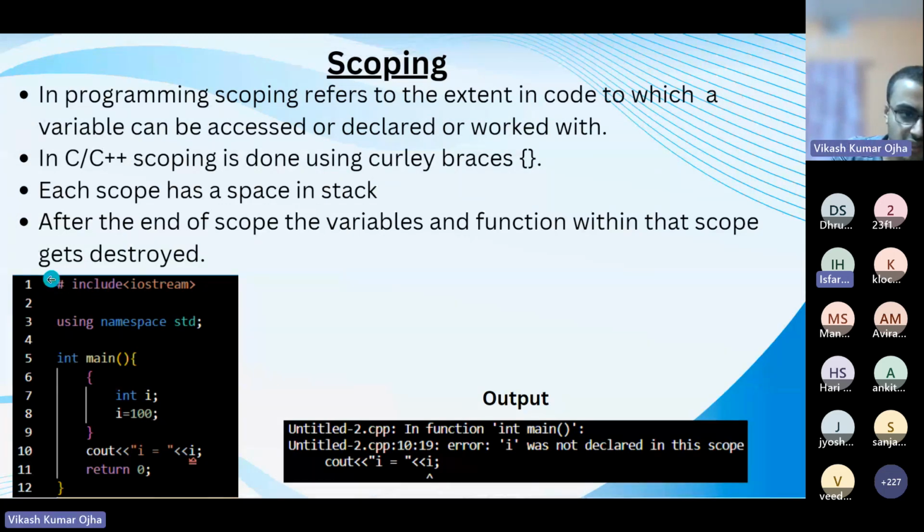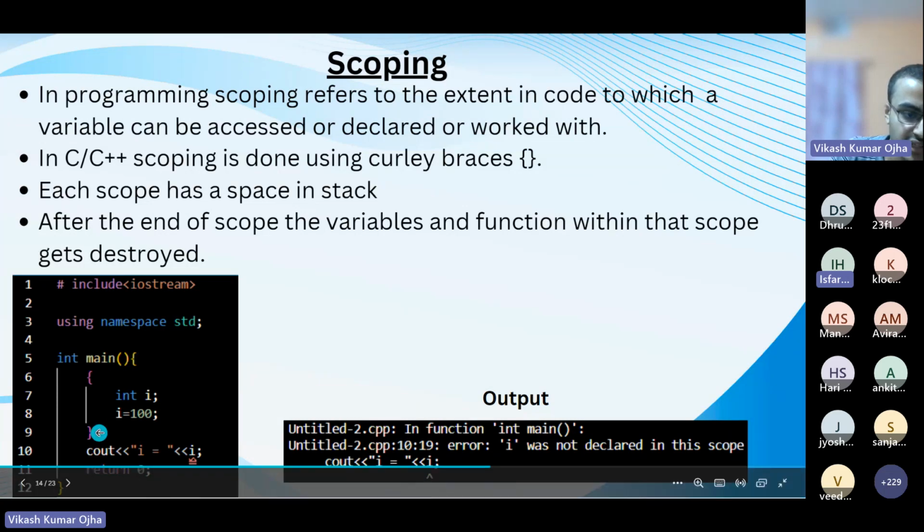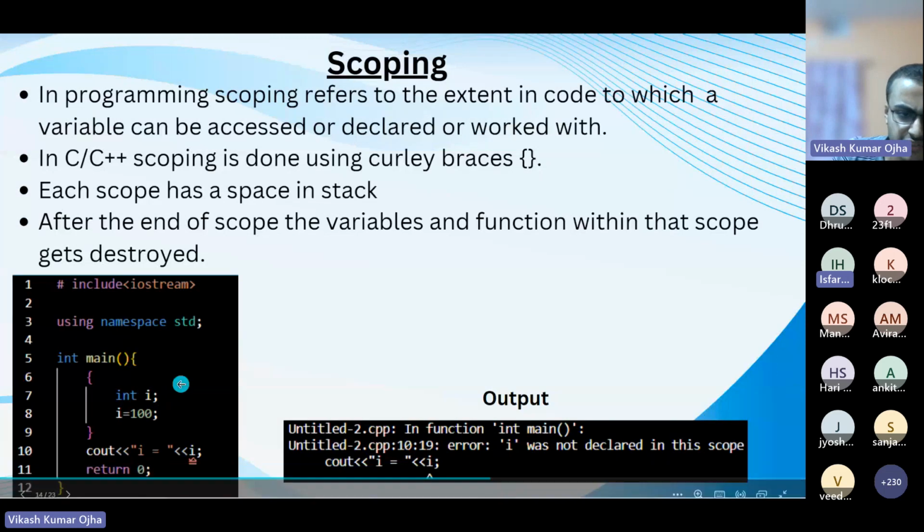Let's look at a program here. This is a simple C++ program. There is the int main function, and there is a scope within int main, which I have defined using curly braces. Inside, I have created a new scope, declared an integer variable I, and assigned I as 100.